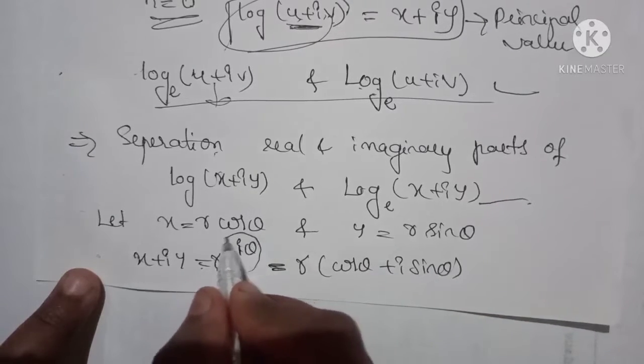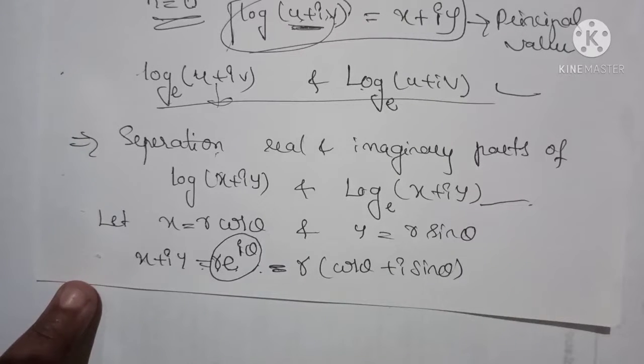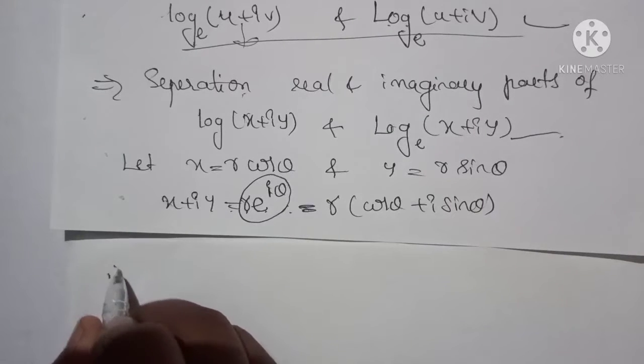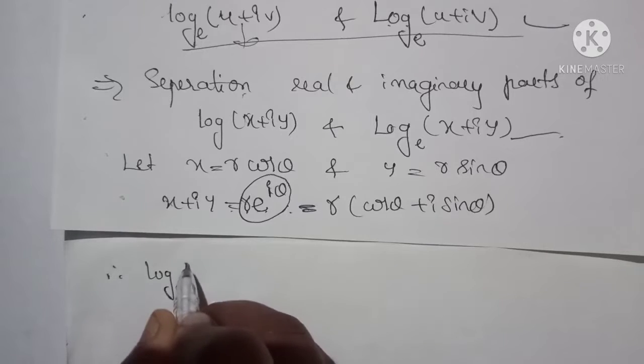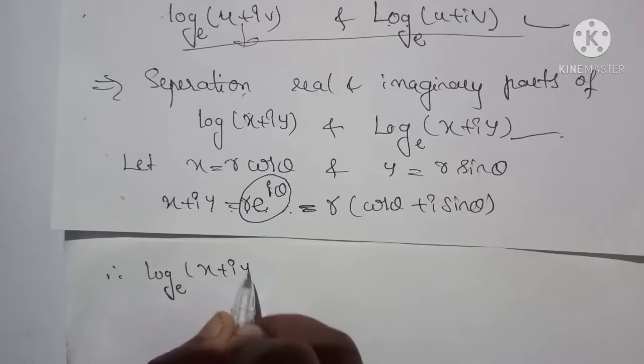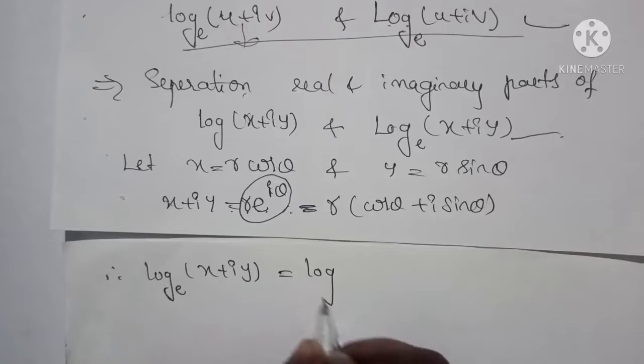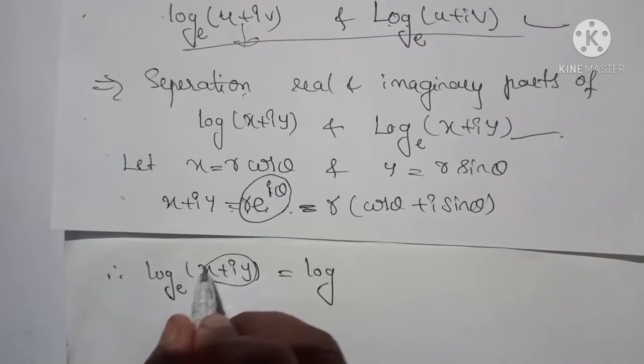This is its polar representation. Now this log of x plus iy can be written as log of r e raised to i theta, in the place of x plus iy.